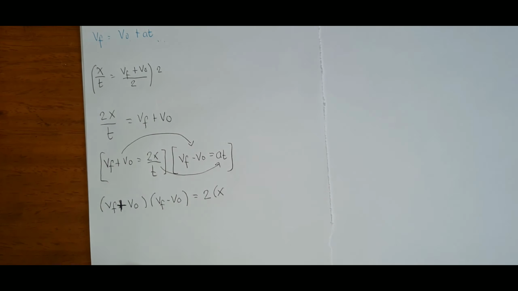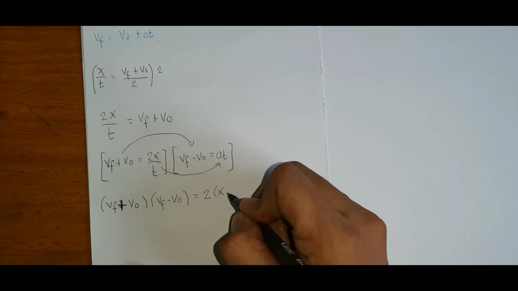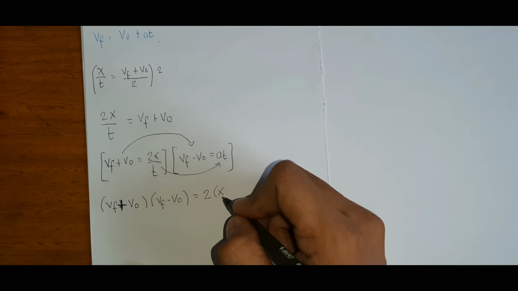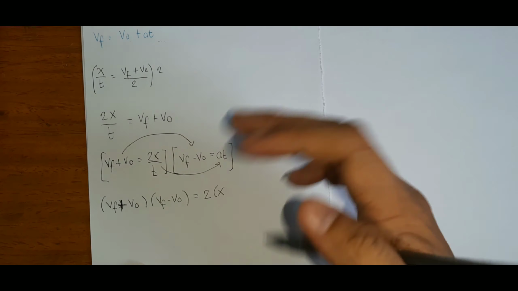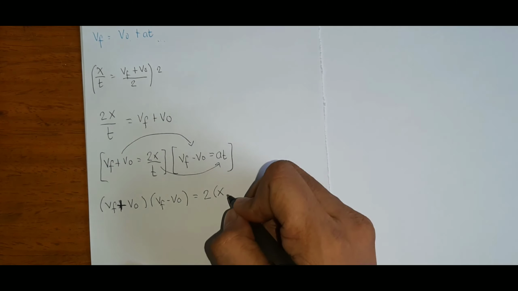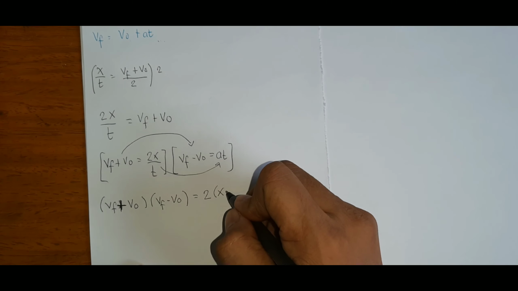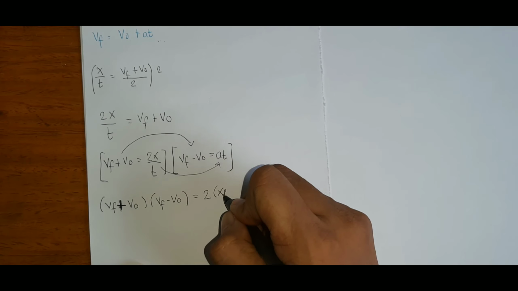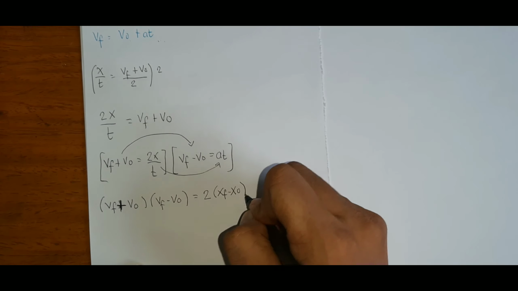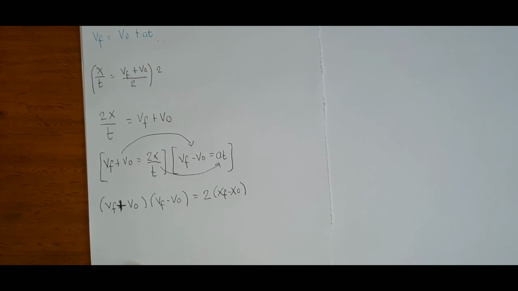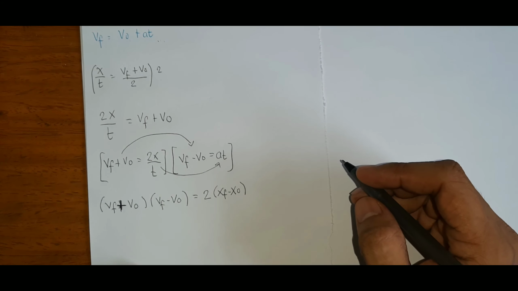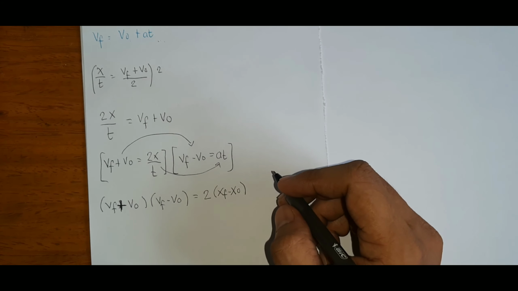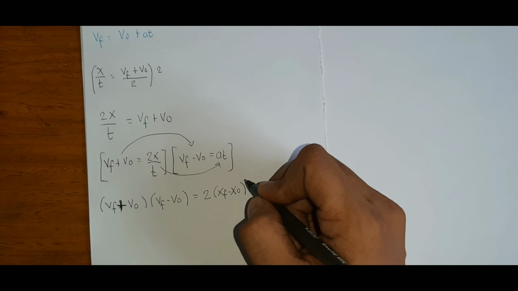So this x is actually your initial and your final distance. You can express this one as the change in displacement when the object is moving. So instead of using x only, you can also substitute xf minus x sub o. Again, this is the change in distance when the object is moving. Multiplied by at.